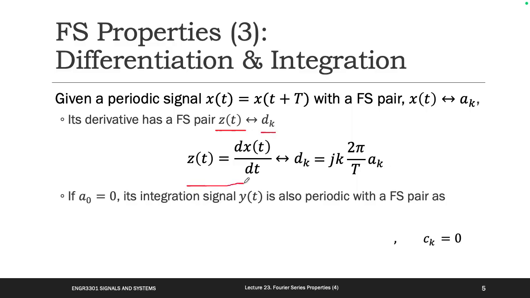We know d_k should equal this part multiplied by a_k, and then you get the new FS coefficient for the derivative of x(t).